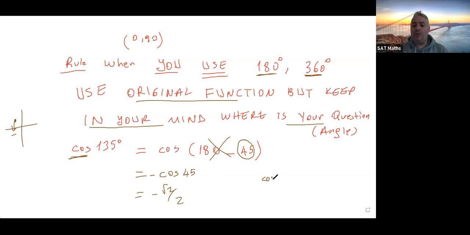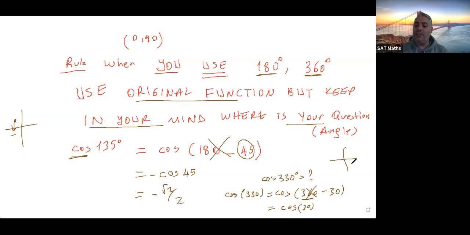Example, cosine of 330. It was our question. So cosine of 330, my dear, is equal to cosine of 360 minus 30. So since I use 360, the function is cosine. And forget about this, put just 30. Only thing, positive or negative, draw. So 330 is in the fourth quadrant.